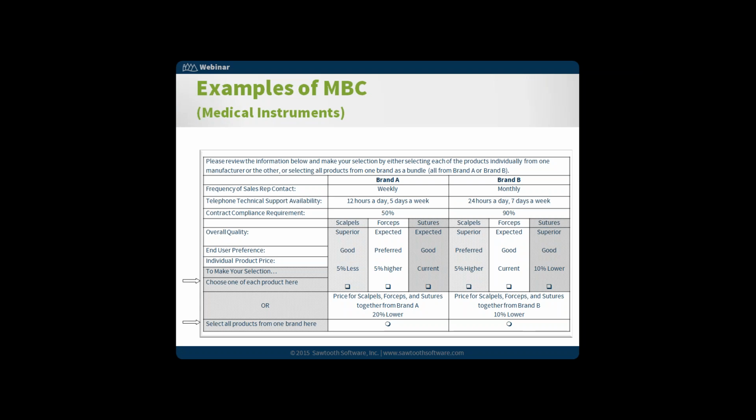And this particular menu, although it looks a little bit complicated, you can either buy the scalpels, forceps, and sutures separately, some of them from brand A and some of them from brand B, or if you decide to buy the bundle of all three types of products together from one brand, you would be able to click here and get them for a 20% discount. And so this represents a sort of bundling versus a la carte decision for medical devices purchasing for hospitals.